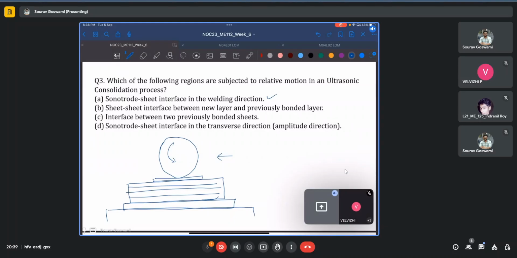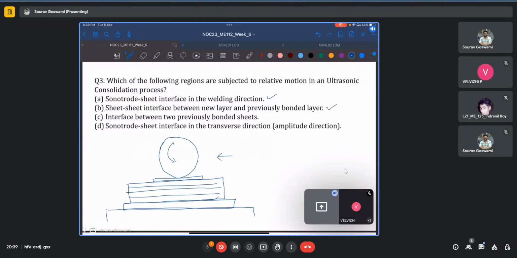The sheet interface between the new layer and the previously bonded layer: definitely there is some relative motion, and because of this relative motion and the ultrasonic energy, the oxide layers are broken. So even this is probable.